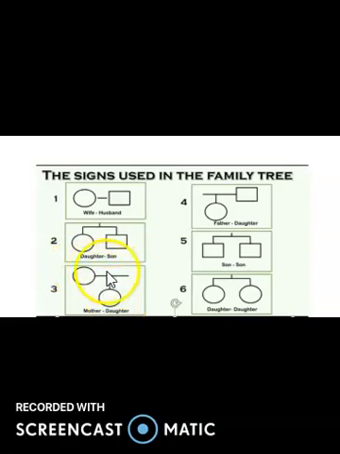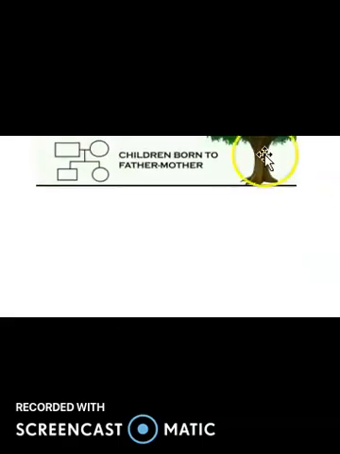Okay, when there is a connection, that shows the mother and the children, or the parents and the children. I'll show you here in this figure. You see this T shape? The T shape shows that it is a connection of children and the parents. Okay, understood?